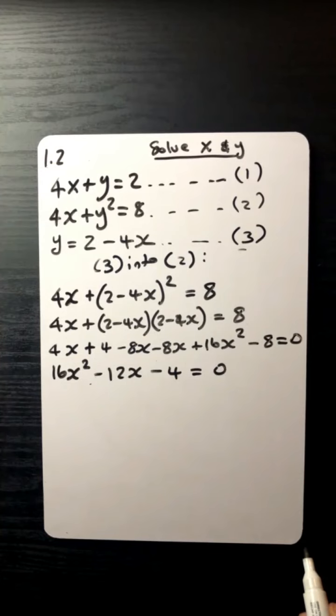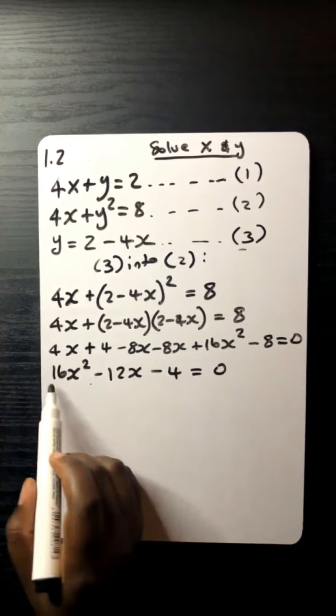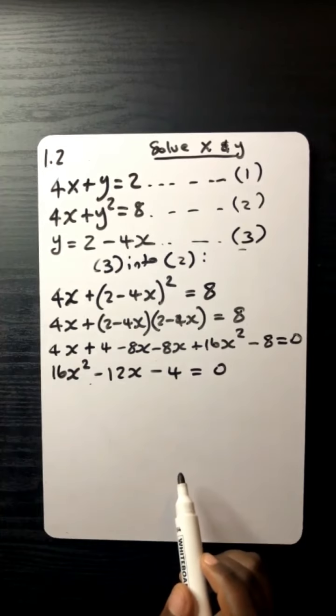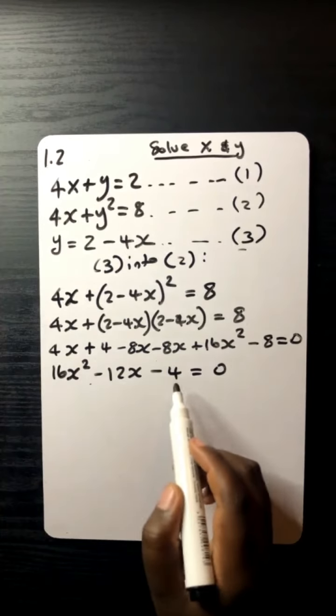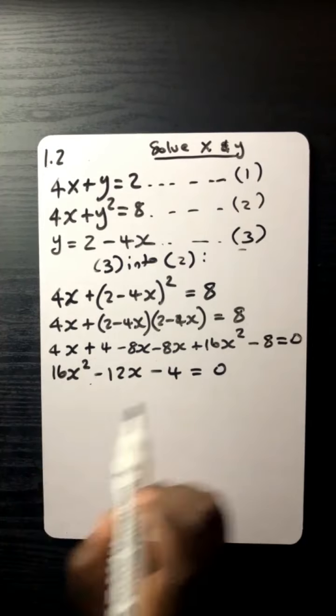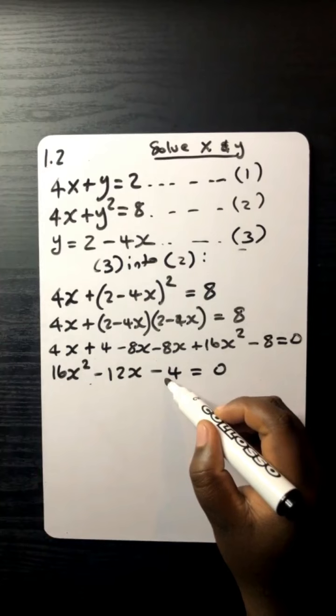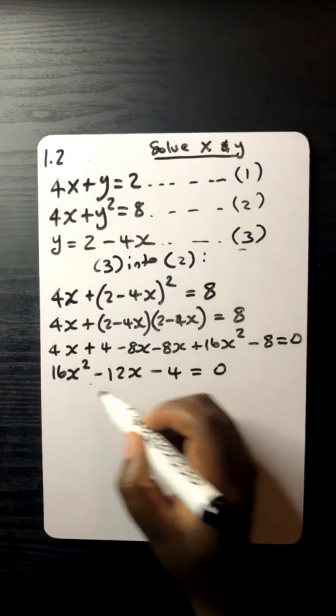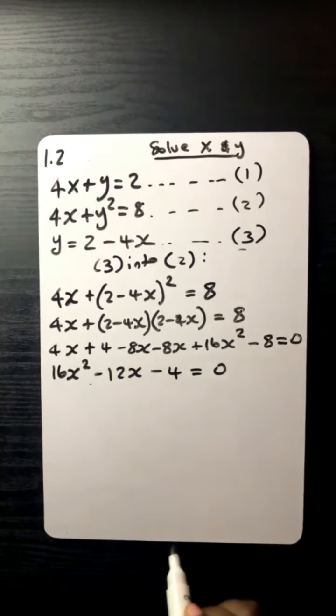equals 0. Now I can simplify this by dividing by a common factor. I think I can divide everything by 4. A common factor is a number that you can divide all of these terms by. 4 is the highest number that we can.